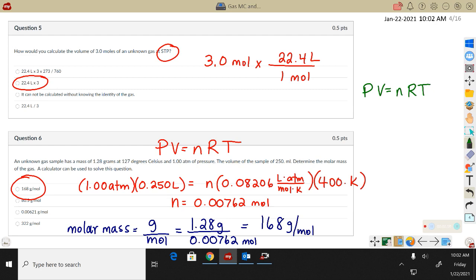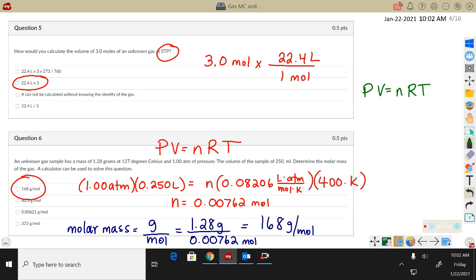So we know the mass, 1.28 grams, but we don't know the moles. And obviously we can't calculate moles because we don't know the identity of the gas. So that's what we'll use PV = nRT for. The only goofy thing about it is that you have to be careful of your units. I have 1 atmosphere of pressure, which is going to determine the version of R I use.